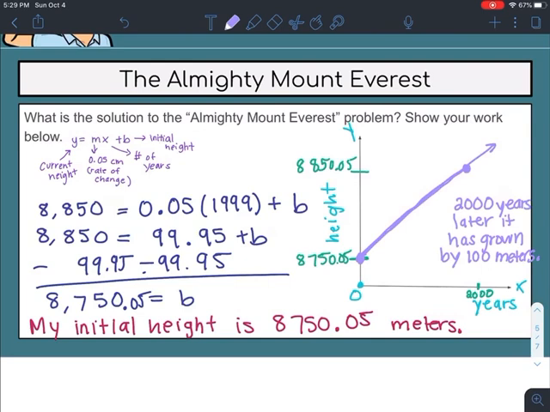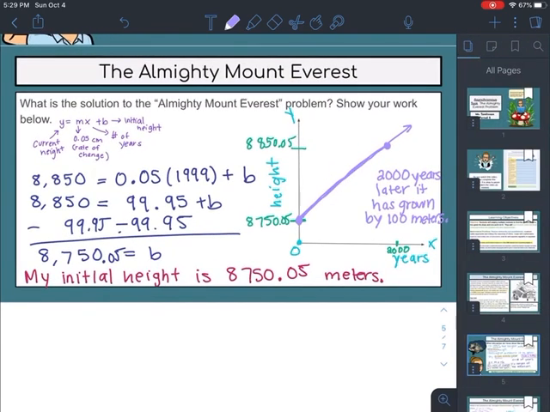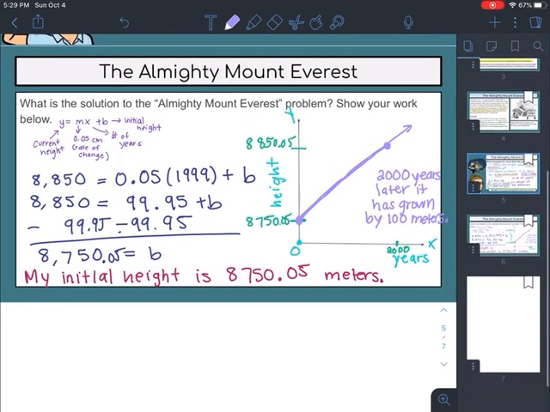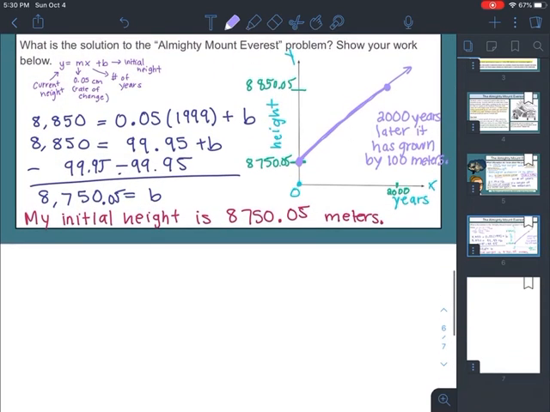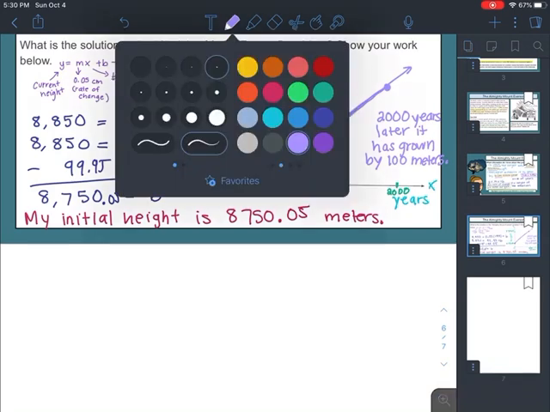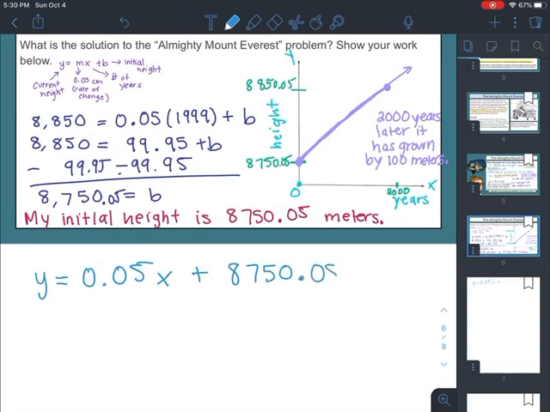At the end of all this, let me add a page to the bottom. My final answer is going to be y equals, and then for my m, I still have 0.05 x plus my initial height of 8,750.05.